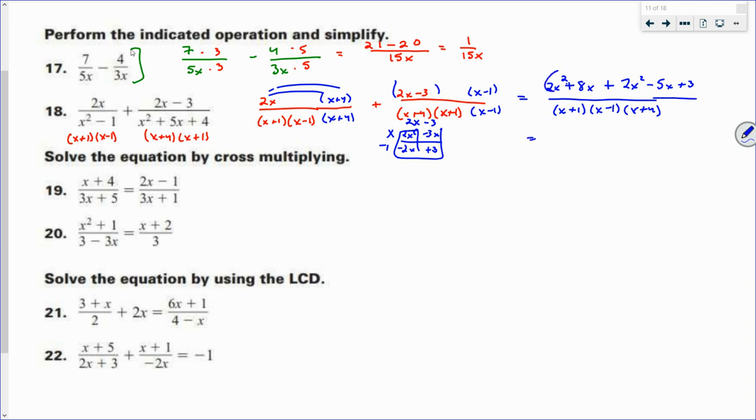We'll check it out just in case. 4x squared minus 3x plus 3. Is there any chance on God's green earth that this thing is going to factor in a usable way? Well, the only way to try is go after it. Let's see, 3 and 1.